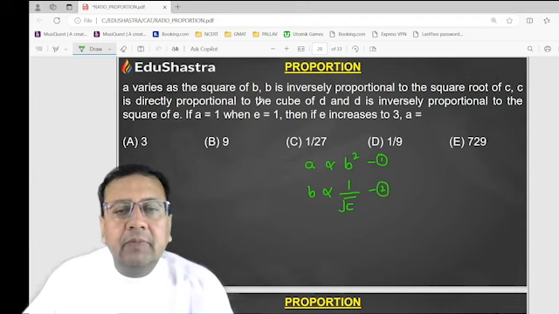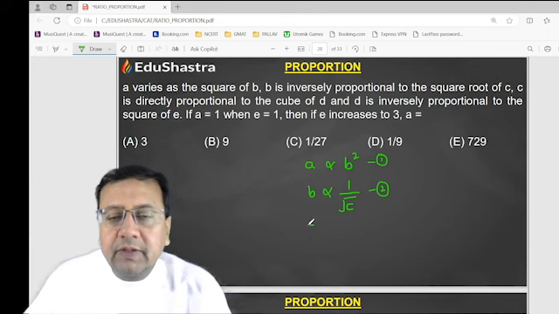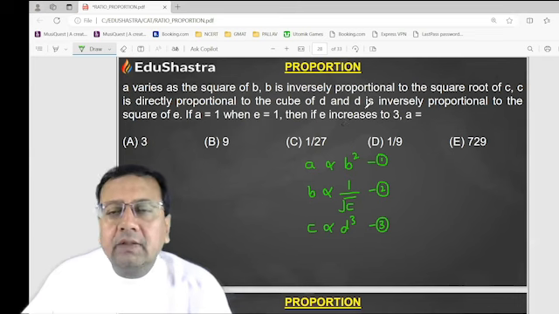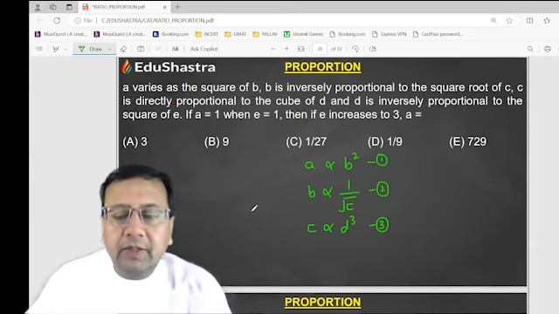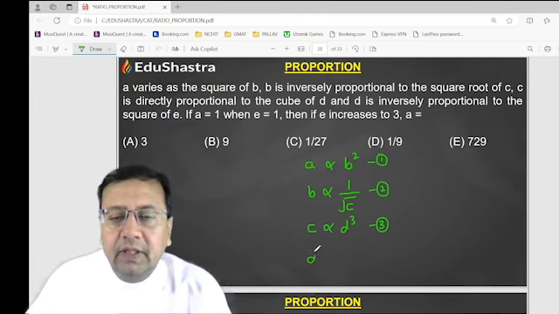C is directly proportional to the cube of D. This is my third. And then D is inversely proportional to the square of E. So D is inversely proportional to what? Square of E.